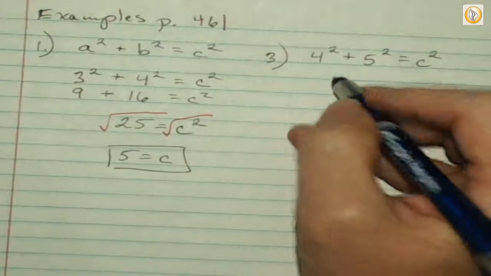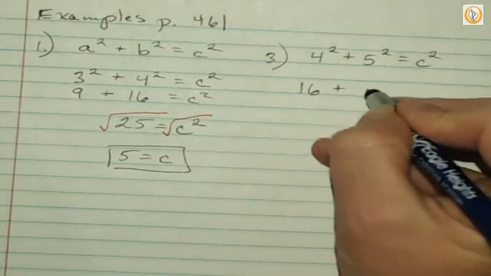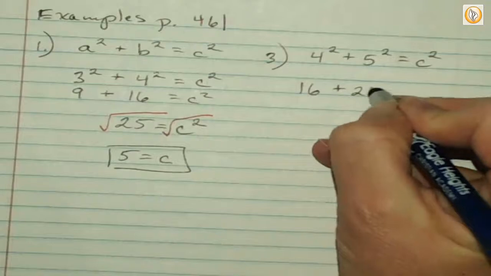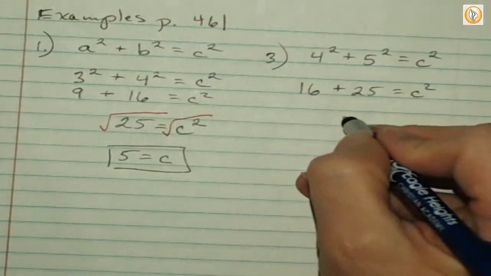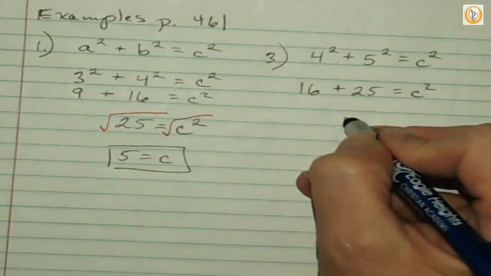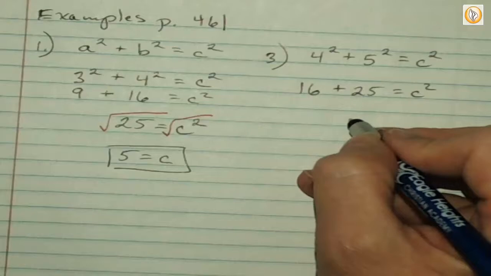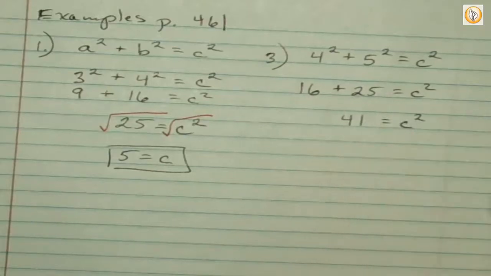Miranda, what is 4 squared? 16. What's 5 squared? 25. So 16 plus 25 equals c squared, and you get 41. Very good.